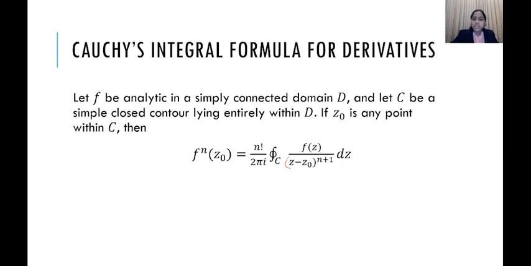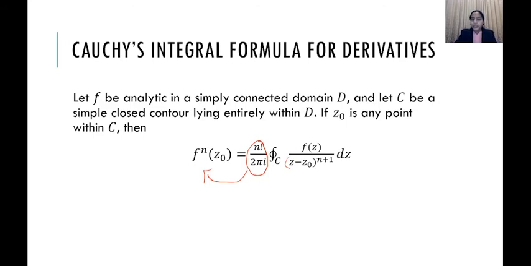Now if you look closely at this formula, if I take the n factorial by 2 pi i term to this side, I get that integral over c f of z by z minus z dot raised to n plus 1 dz is nothing but 2 pi i by n factorial into f n of z dot.